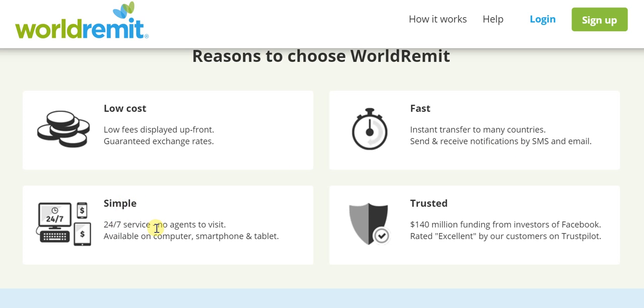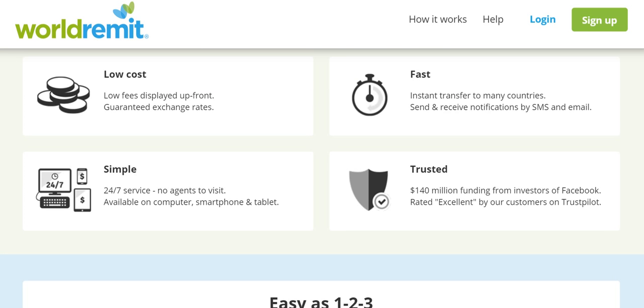24 by 7, you don't need to visit any agents like Western Union. You're not dependent on any third party entity whatsoever. Anytime, anywhere, any device, be it a computer, smartphone, or tablet, as long as you can connect to WorldRemit, you'll be able to go through the entire money transfer process. And yes, it is extremely trustworthy.